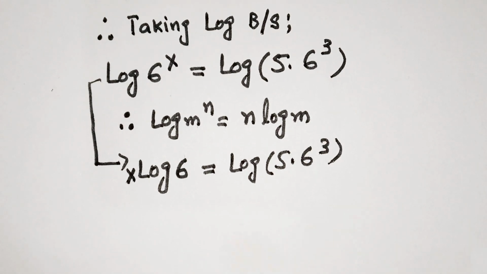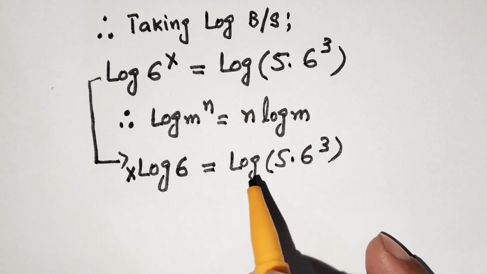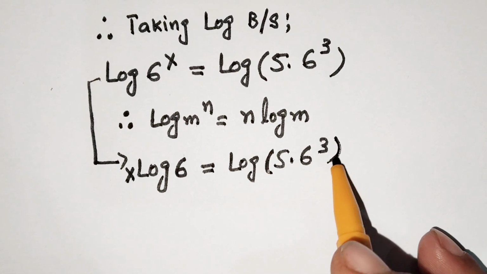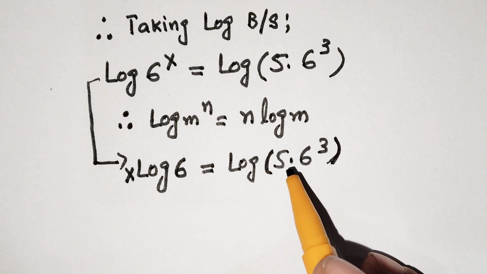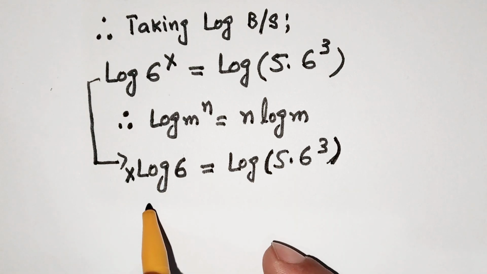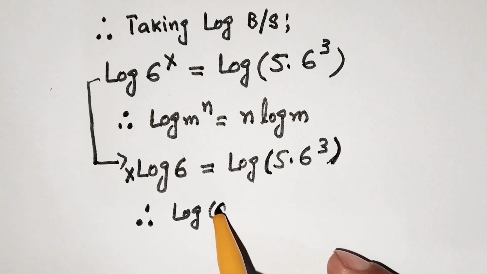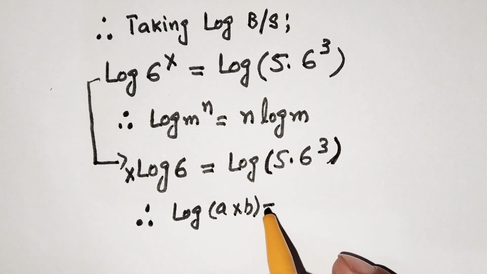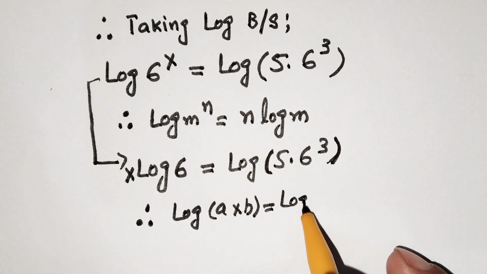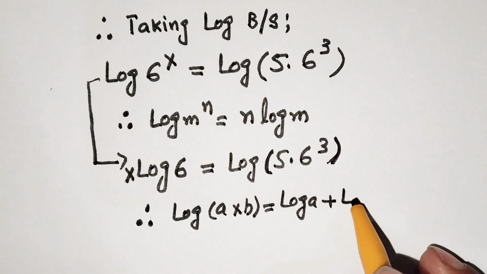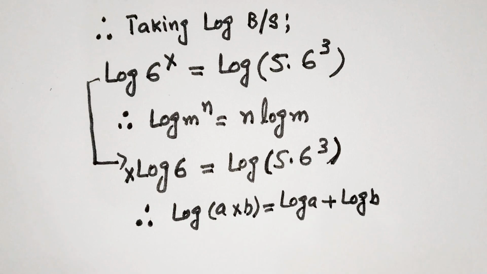We also know that when log is applied to a product of two numbers, we can write it in addition form: log of a times b is log a plus log b.